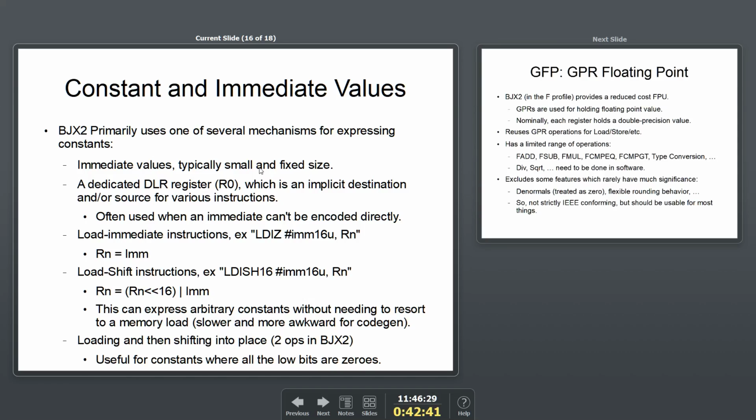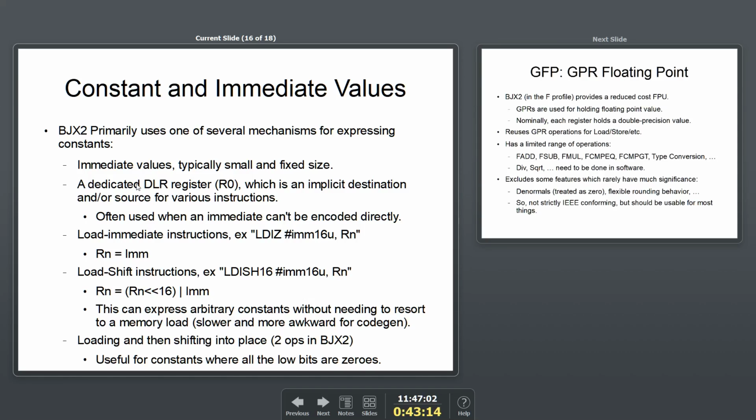So different instructions will have different size immediates, but they're typically small and fixed size. In the majority of cases, though, instructions can get by with small fixed size immediates, so that's why they exist. But these are not always sufficient, so other cases are needed.